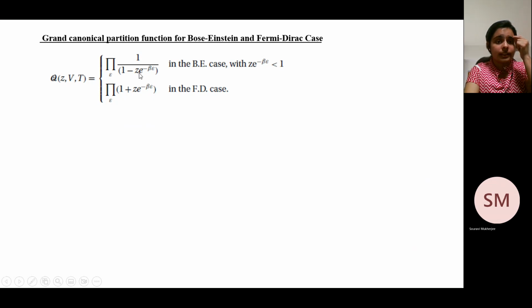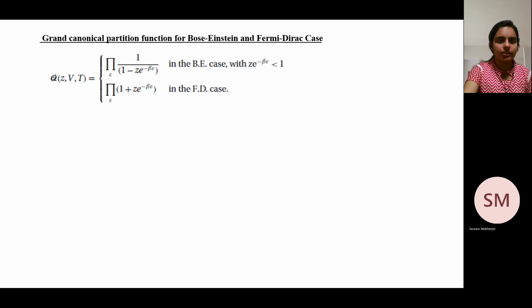This tells you that for it to be defined, Z e to the power minus beta epsilon should be less than 1. This is an important relation because it tells you that the chemical potential should be less than the single particle energy states present in the spectrum of your given system, right?